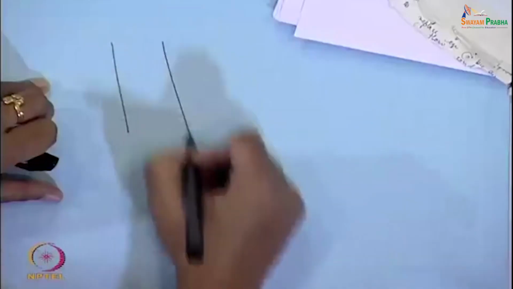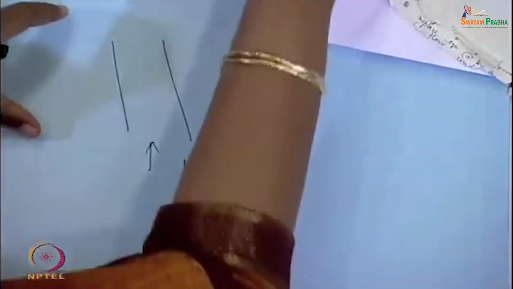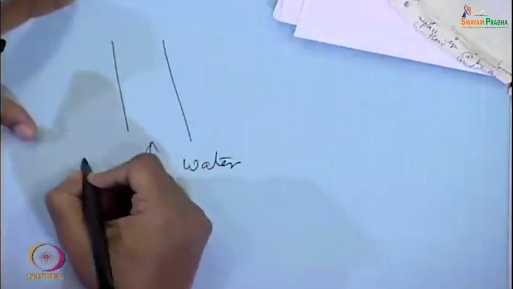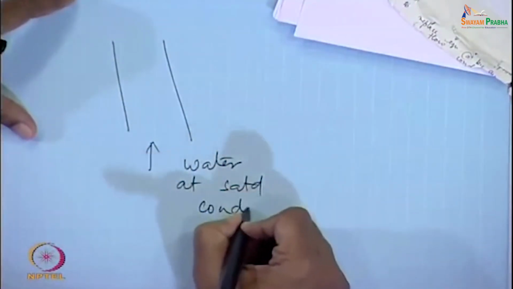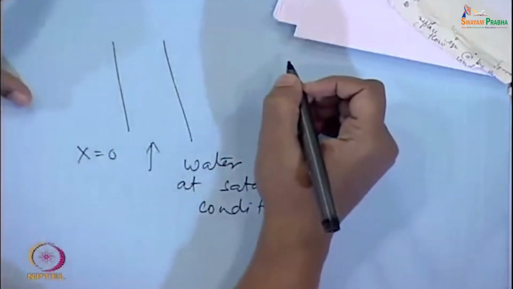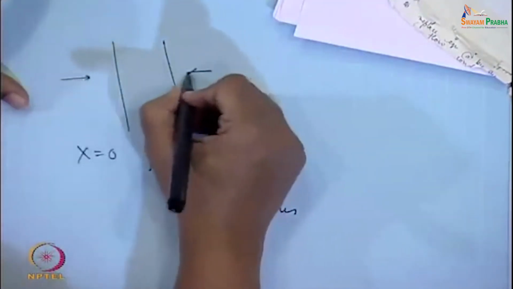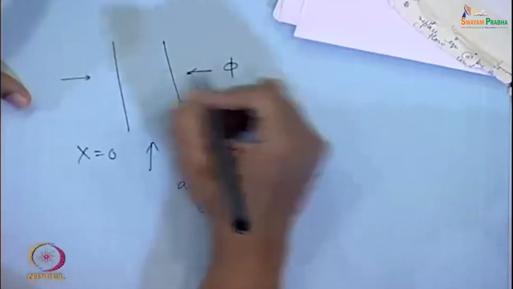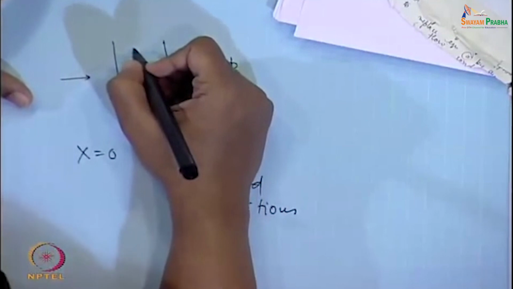Suppose we have a vertical pipe through which water is flowing, and initially it is water at saturated conditions. So, here we are having x equal to 0, and then gradually as it flows we have a constant heat flux, say phi, and so gradually this water starts vaporizing and we have a vapor liquid mixture inside this.